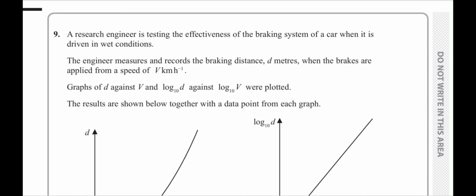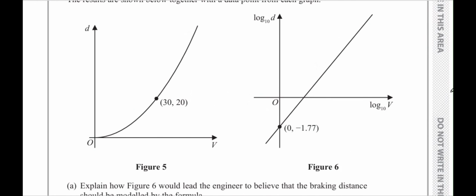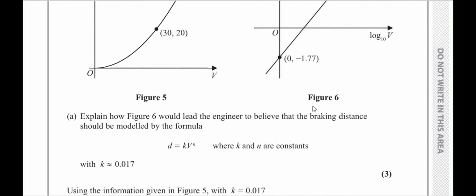The results are shown below together with a data point from each graph. Explain how figure 6 would lead the engineer to believe that the braking distance should be modeled by the formula d equals kv to the power of n, where k and n are constants with k approximately equal to 0.017.